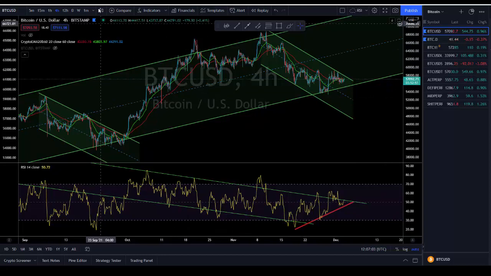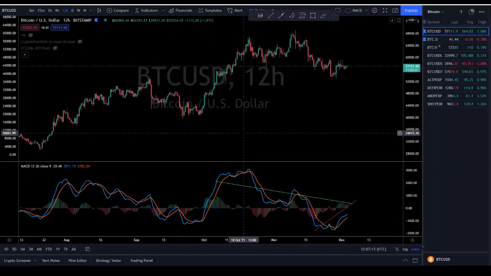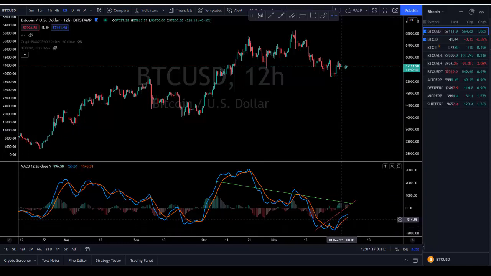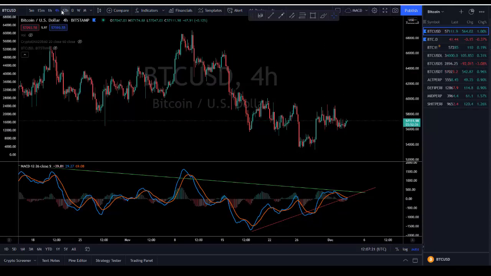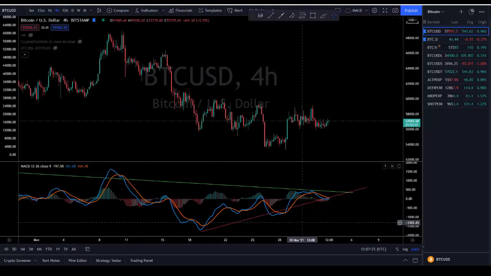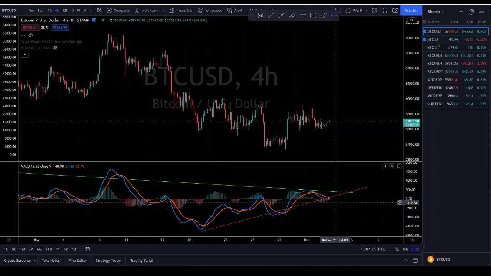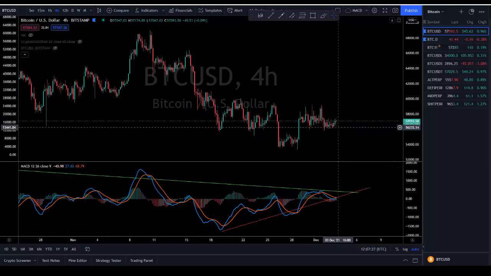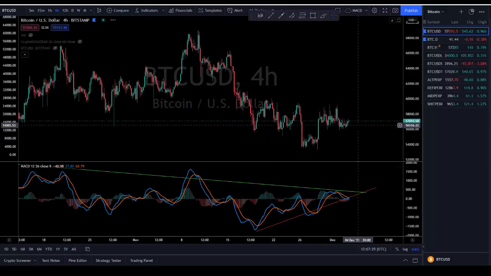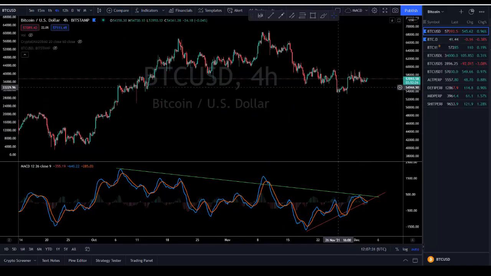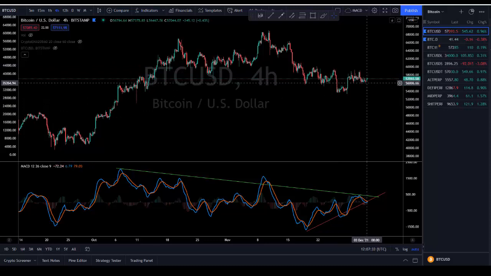But first of all, let's go into the MACD indicator. So we can see here on the 12-hour that we still have both histograms moving up, and that's good. We've got to keep that going. The 4-hour is making a very clear line that should it bounce and break below that line as prices are dropping, then we're continuing the downtrend, and we're bouncing a 1, 2, 3 top formation inside this downtrend.